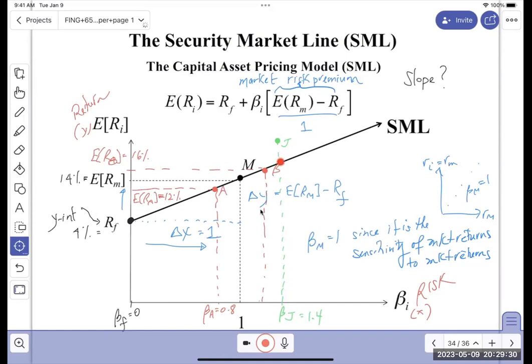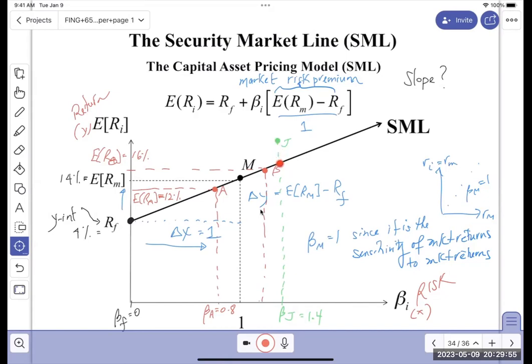Meanwhile, investors who have combined risk-free borrowing through the T-bill shorting and invested in the market portfolio would be here. Now they're going to catch wind of J, and what are they going to do? They're going to say, well, we're satisfied with this level of risk, but we want the higher return.